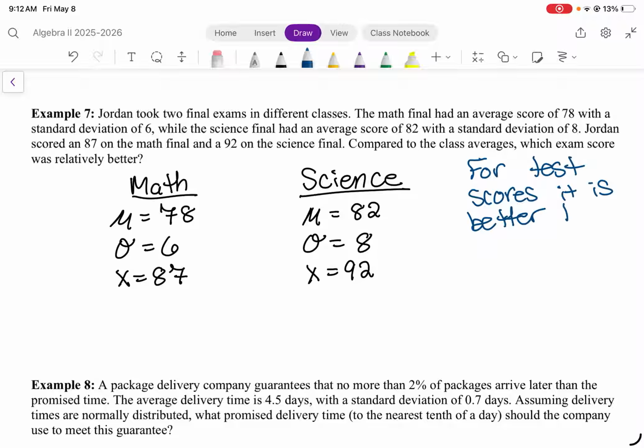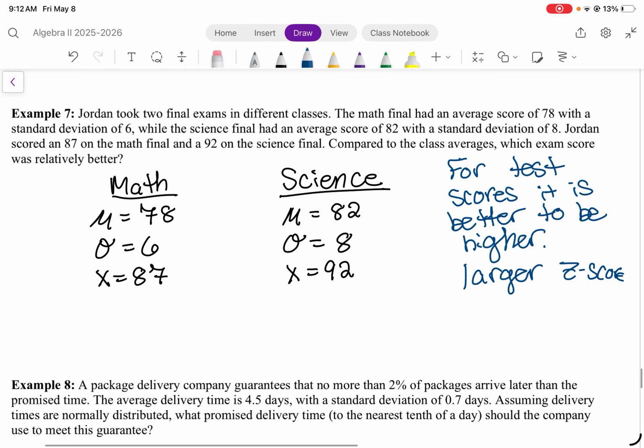So it is better to be above or to be higher. So for this one, just so we remember what we're looking for, the larger z-score. Because it's better to score higher than it is to score lower on a test.